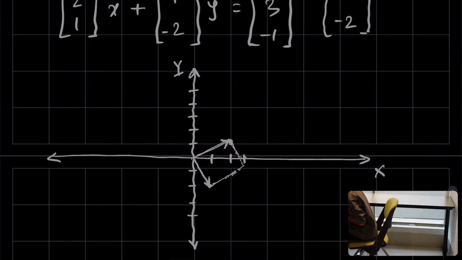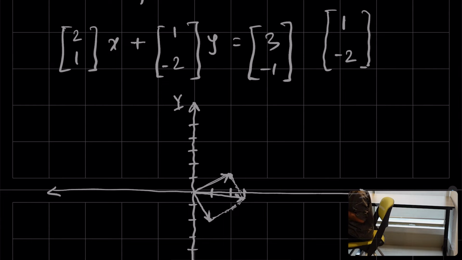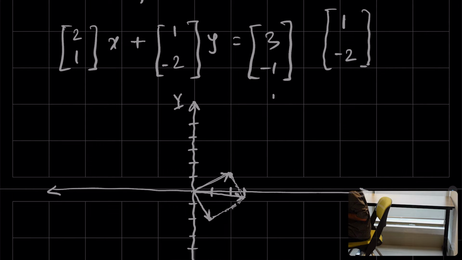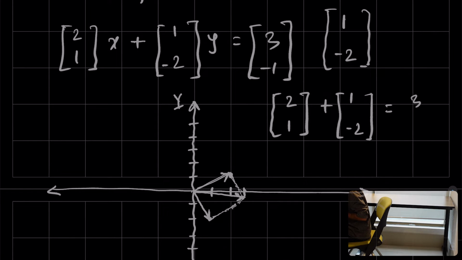Now if I just use the solution x equal to 1 and y equal to 1, then what I'm getting is 2, 1 plus 1, minus 2, which is equal to 3 and minus 1, right?